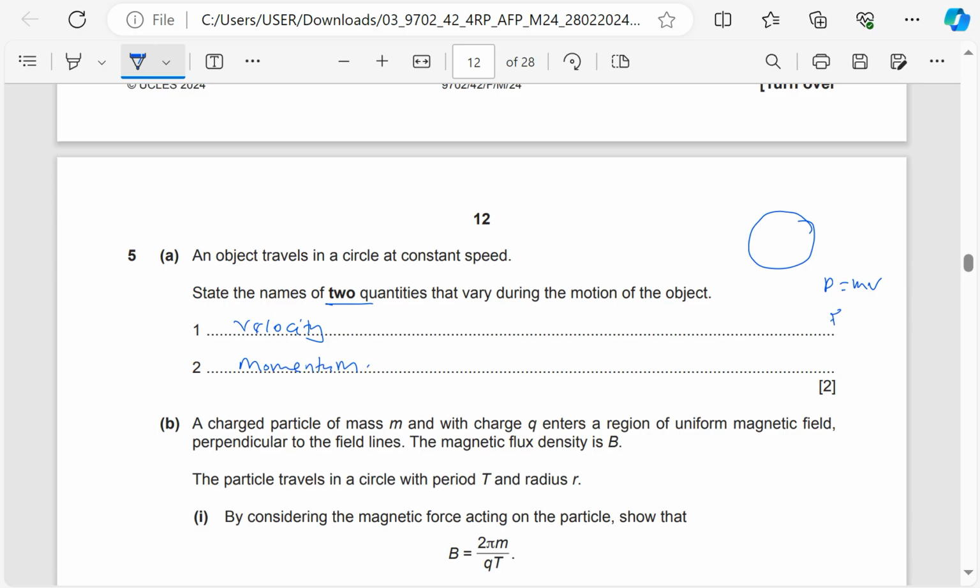Remember, also force is equal to the rate of change of momentum. If momentum is changing, it means the resultant force is also changing. Number 3, resultant force. And remember, resultant force is equal to mass times centripetal acceleration. So number 4 is going to be centripetal acceleration.